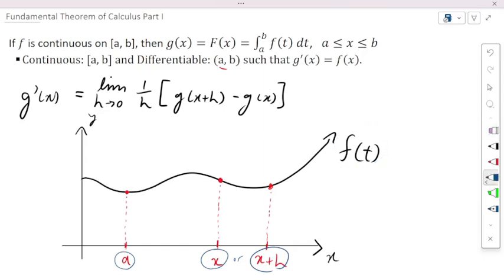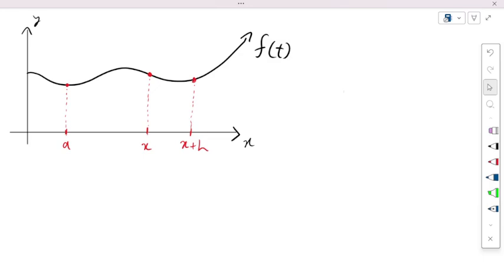So in this case, our g of x plus h, when we want to represent that as an integral, we are essentially going to be finding the area from the lowest point, which is a, until x plus h, meaning we can rewrite this as follows.